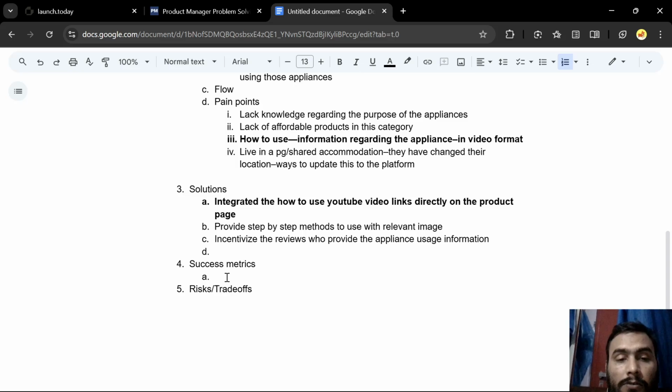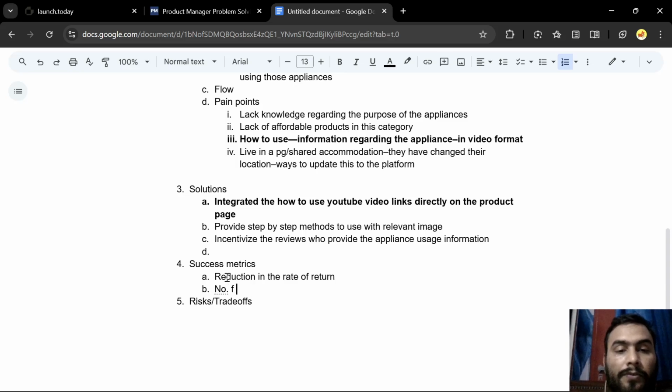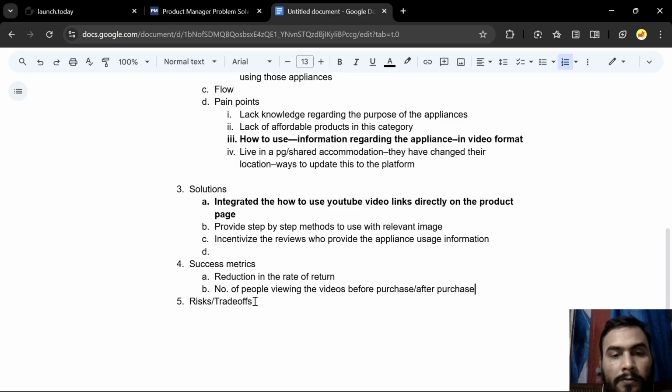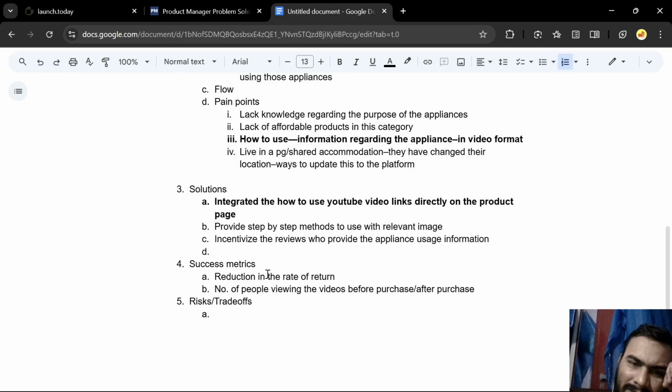And the metrics would be, of course, the reduction in the rate of return and the number of people. So these are the two key metrics that will be important for this problem.